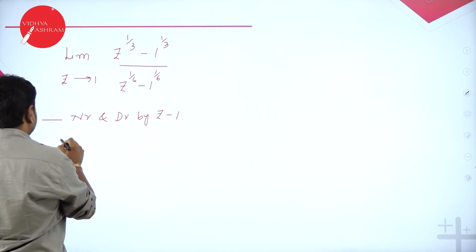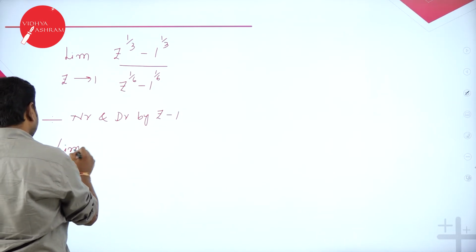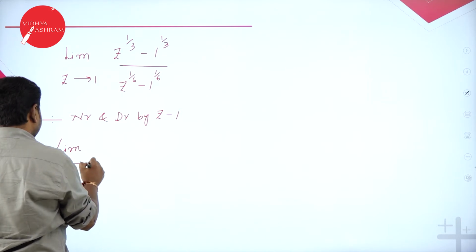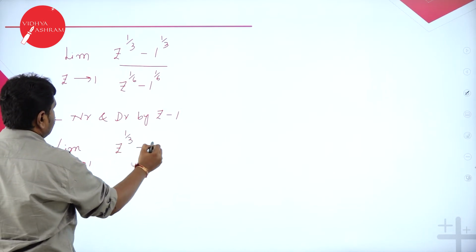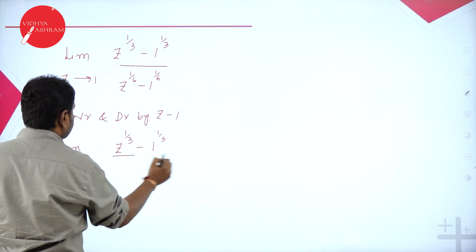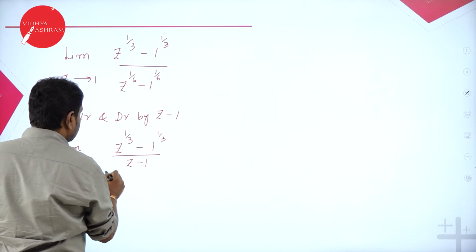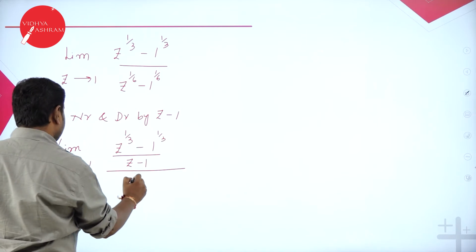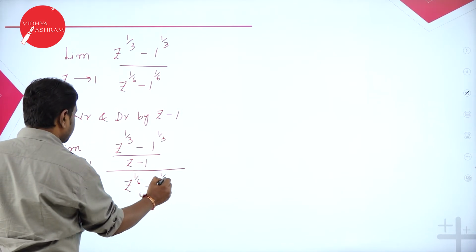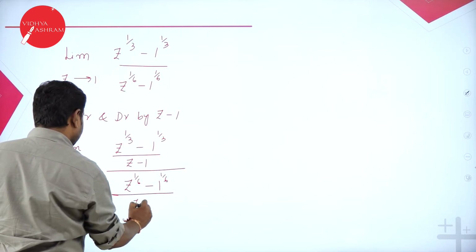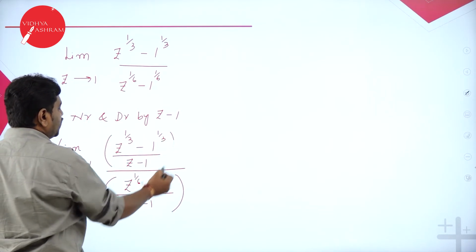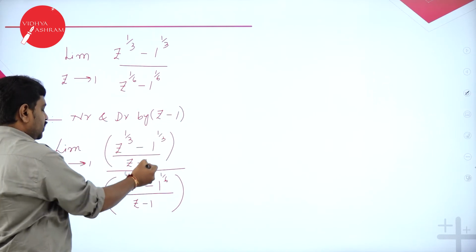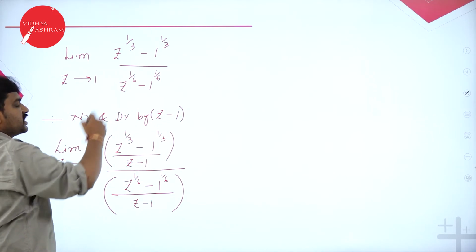If you do that, we will get limit z tends to 1, (z power 1 by 3 minus 1 power 1 by 3) by (z minus 1), divided by (z power 1 by 6 minus 1 power 1 by 6) by (z minus 1). Dear students, I am dividing numerator and denominator by z minus 1. If I cancel z minus 1, it will be the same.